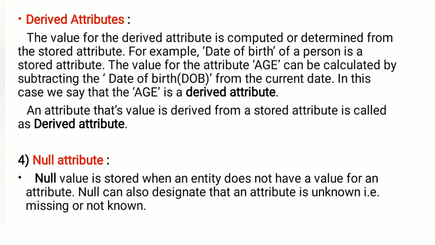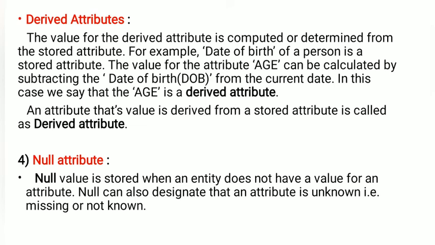Key attribute. A key attribute can uniquely identify an entity from an entity set. For example, roll number. Roll number here is a key attribute. As shown in the given figure, here student is one entity. It has 5 attributes.